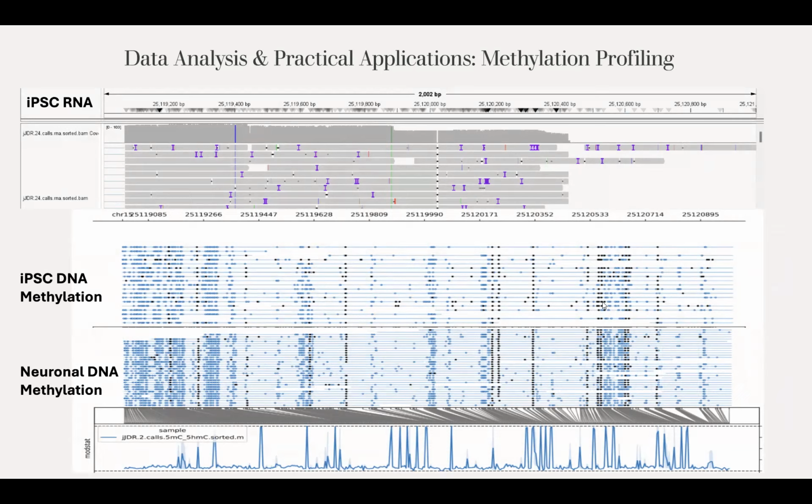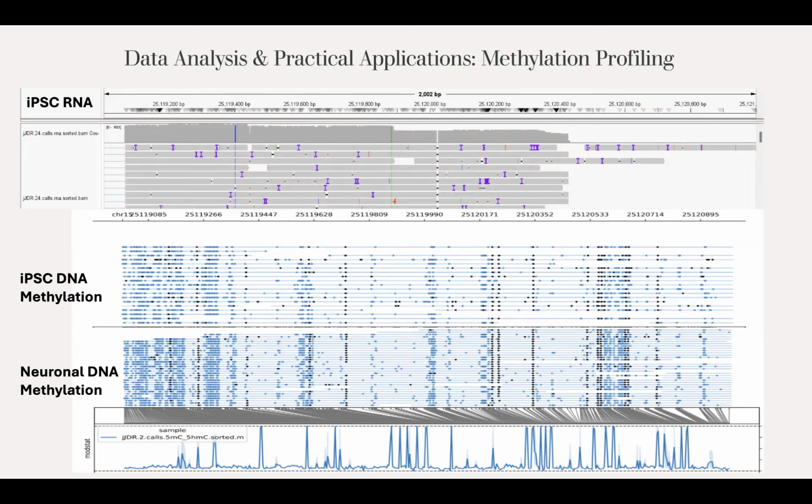As you can see, there isn't a ton of differential methylation. Each of these black dots represents a point of cytosine methylation. And there really isn't a ton of difference between these major cytosine methylation coordinates between iPSCs and neurons, which indicated to us that there must be something else happening here that is causing this transcriptional boundary, other than at least cytosine methylation.